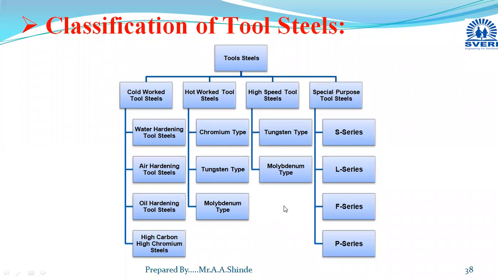Recrystallization temperature is the temperature at which the structure of a particular metal or alloy is reoriented or reorganized. In simple words, it changes, and due to this change, that metal or alloy becomes more workable or more ductile. So this is the recrystallization temperature.